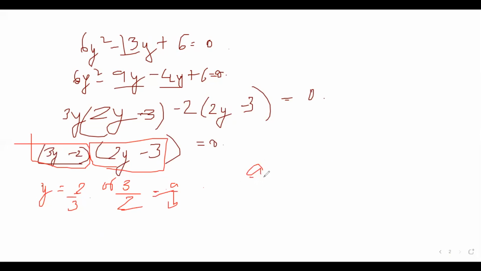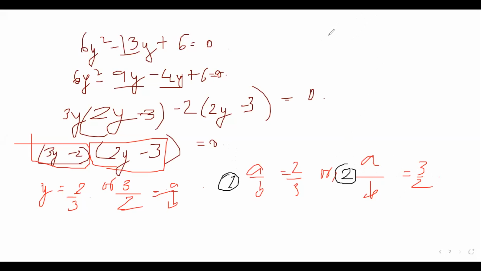So a/b is equal to 2/3, or a/b is equal to 3/2. Now let us take this as number 1, and this one as number 2.